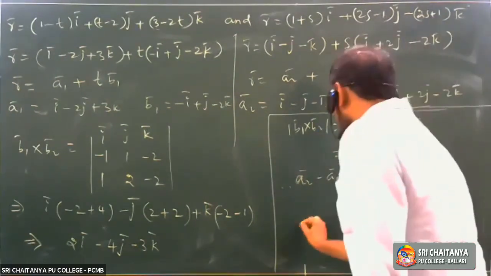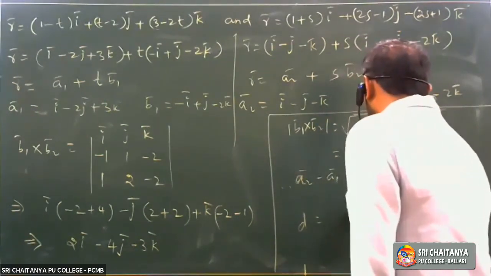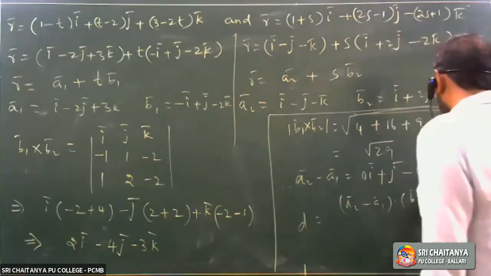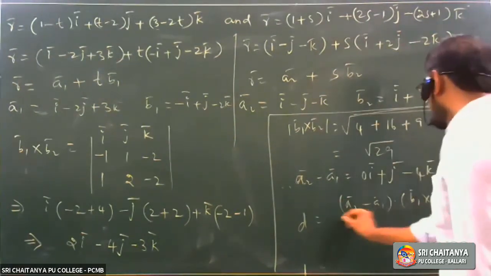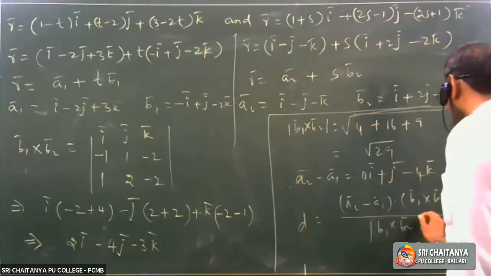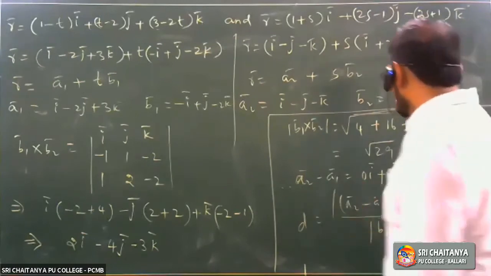Now d is equal to, applying the formula, dot B1 cross B2 upon mod B1 cross B2. You are going to get the answer.